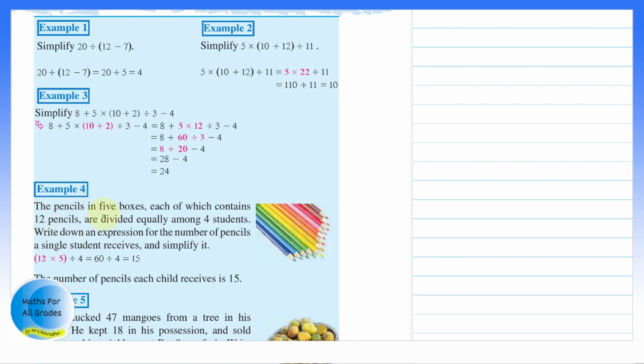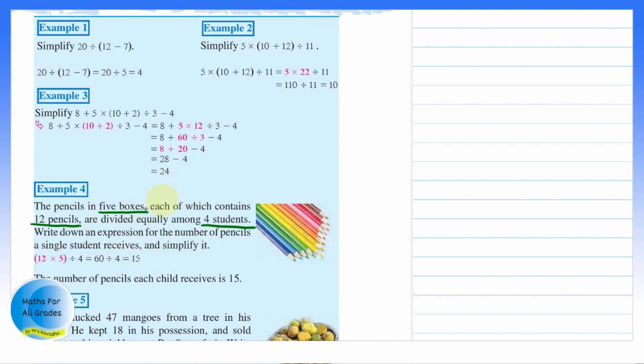The pencils in 5 boxes. 5 boxes, each of which contains 12 pencils, are divided equally among 4 students. Write down an expression for the number of pencils a single student receives and simplify it.